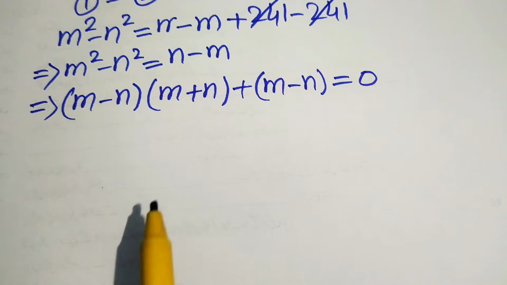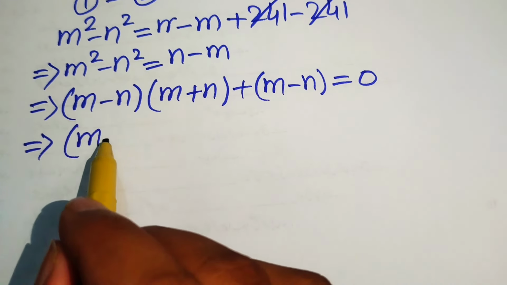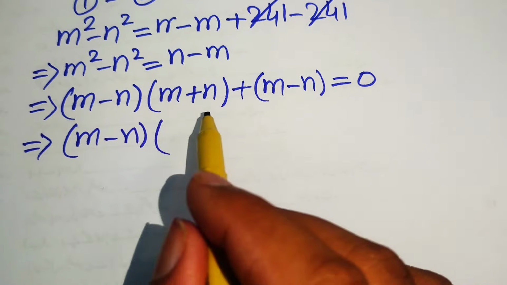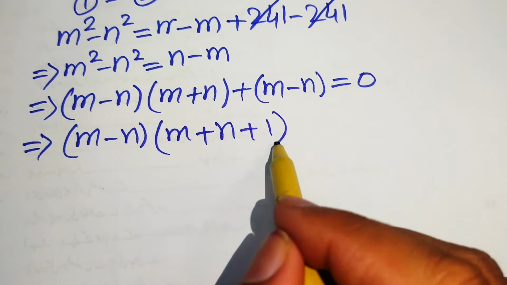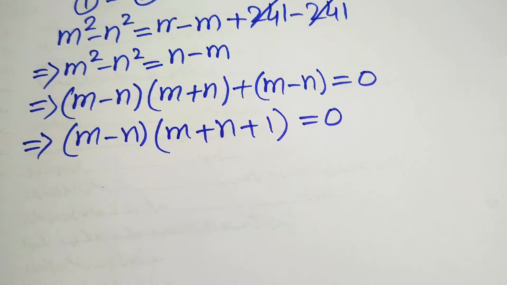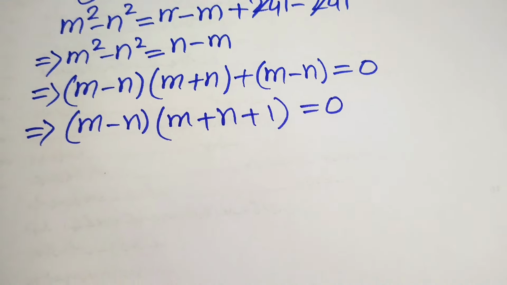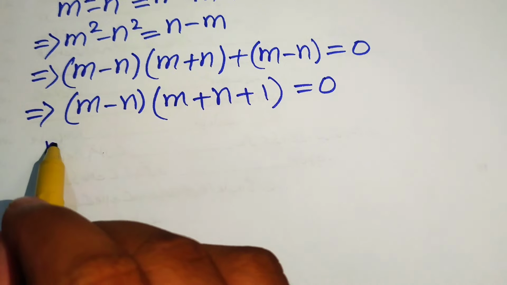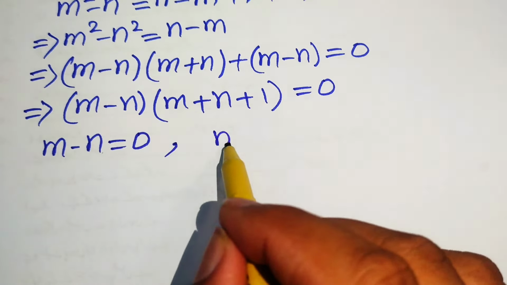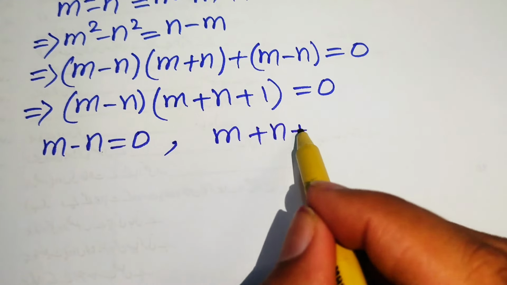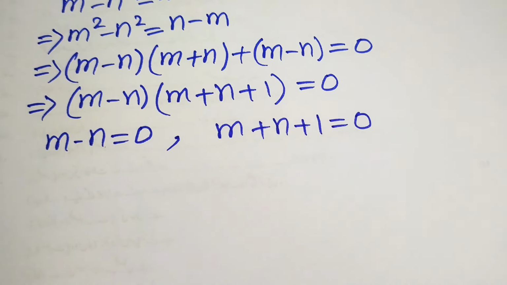Now in the next step you see we have m minus n as a common term, so we take m minus n common and the remaining terms are m plus n plus 1 equals 0. Now we have two cases. The first case is m minus n equals 0, and the second case is m plus n plus 1 equals 0.